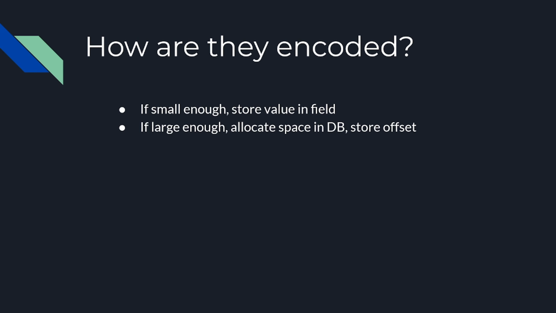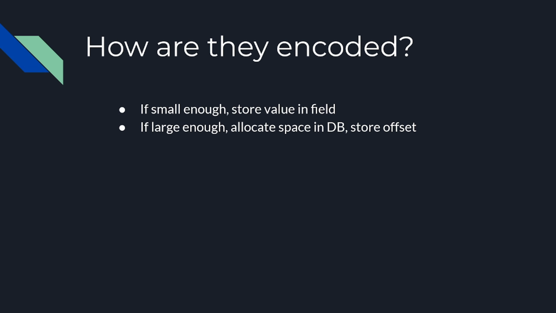And let's say you're storing a massive string. How it typically deals with data that is too large to store in a field is that this database implementation has its own custom memory allocation within the database itself.